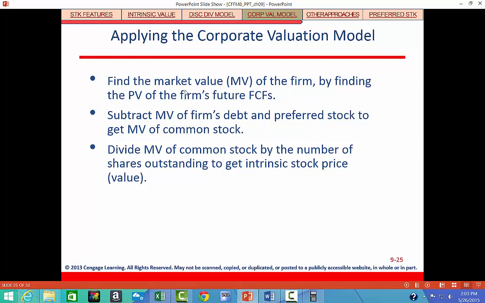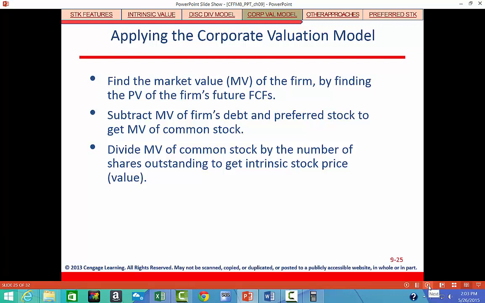So again, the steps: we're going to find the market value of the firm by discounting all the future free cash flows of the firm, and then we'll subtract the firm's debt and preferred stock, and then we'll divide the equity value that's remaining by the number of common shares outstanding to get the stock's intrinsic value.